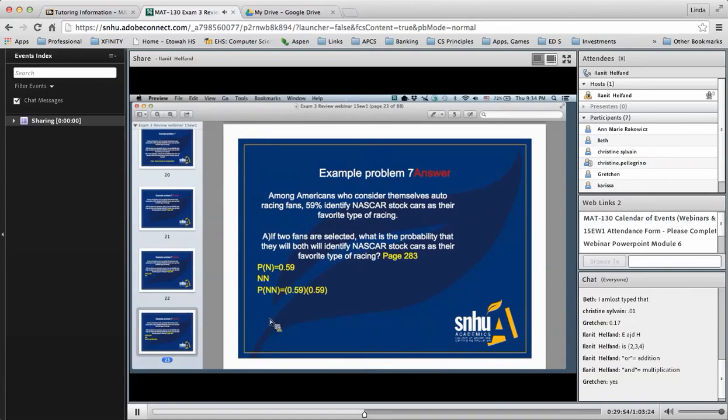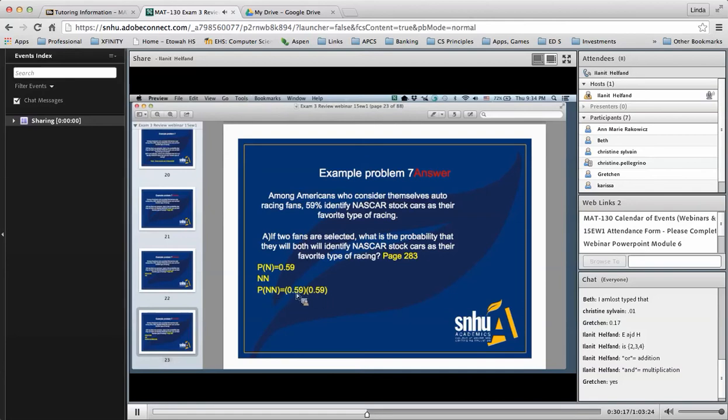So the multiplication rule for independent events says the P of NN is just 0.59 times 0.59. Each of these N's basically contributes a 0.59. And we want N and N, right? So we want to multiply. So each N is going to give us a 0.59.